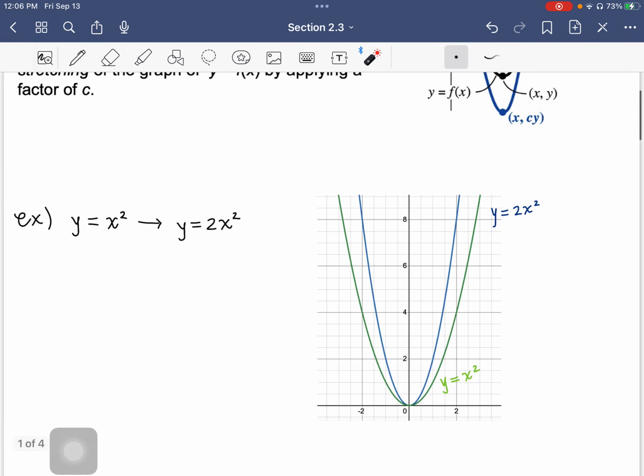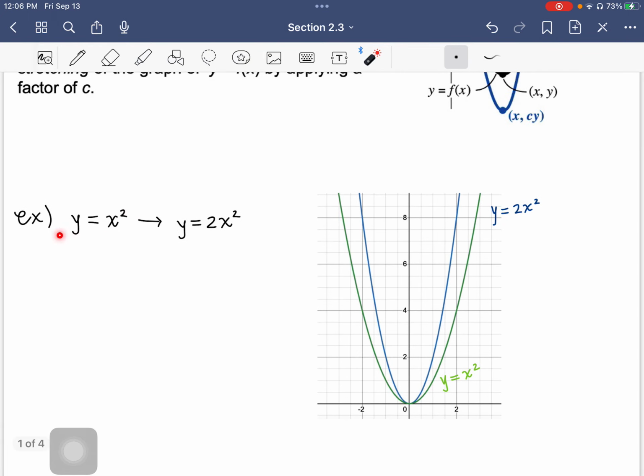So let's look at this example here. Our original function is going to be y is equal to x squared, and it's given by this green parabola here. If we were to apply a factor of 2 to our function y is equal to x squared, it would result in this parabola here. And so we're vertically stretching this green parabola to get the blue parabola, and it results in a more narrow shape.